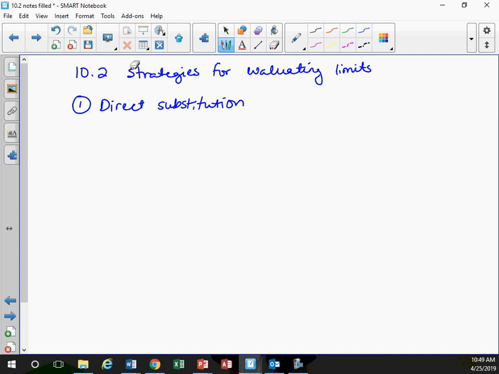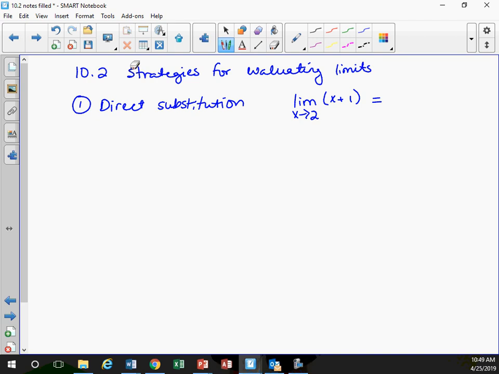So what I mean by that, let's say I give you the limit as x approaches 2 of x plus 1. What is x plus 1? Like, what's it a graph of? It's a line, right? Just a nice continuous line.